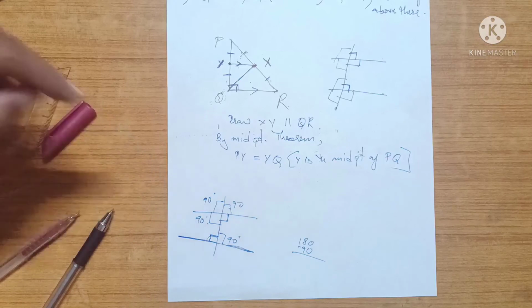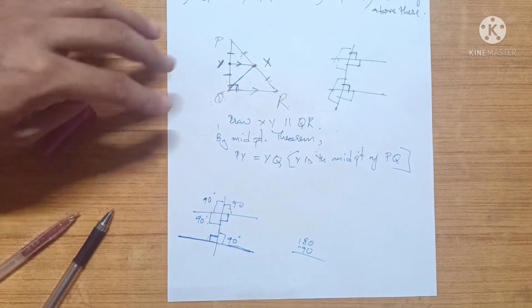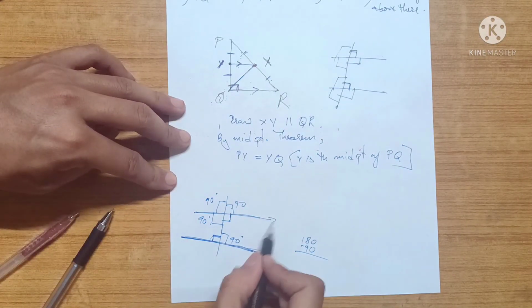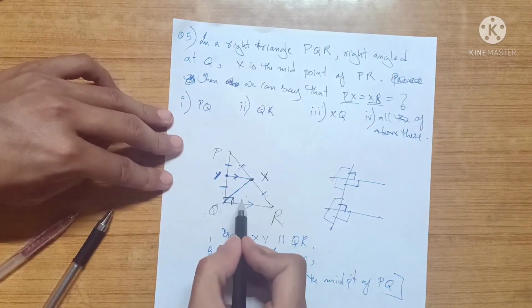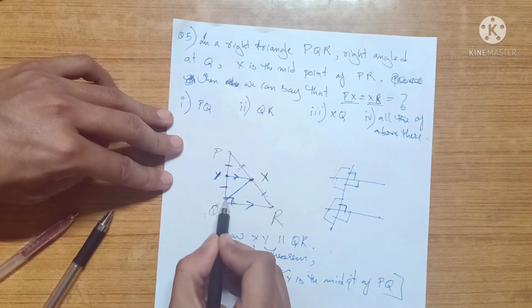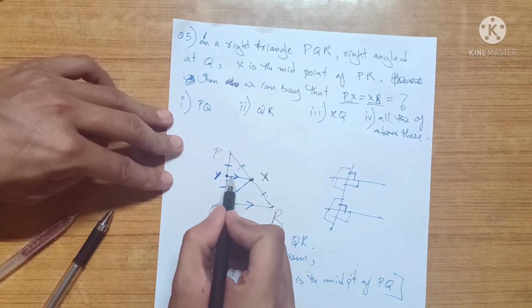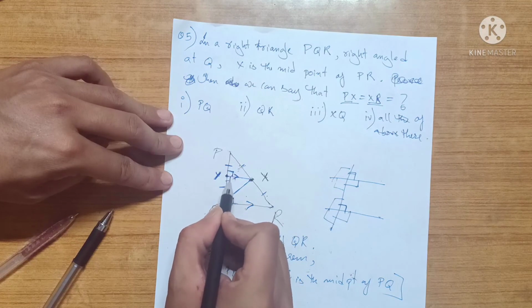If even a single angle is 90 degree where two lines are parallel to each other. So this line and this line are parallel to each other, and this is 90 degree, which means automatically everything will become 90 degree each.